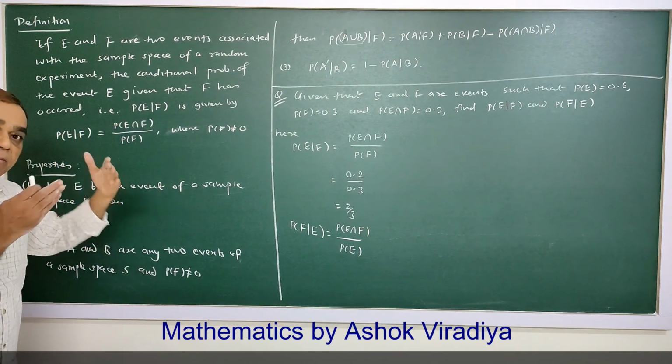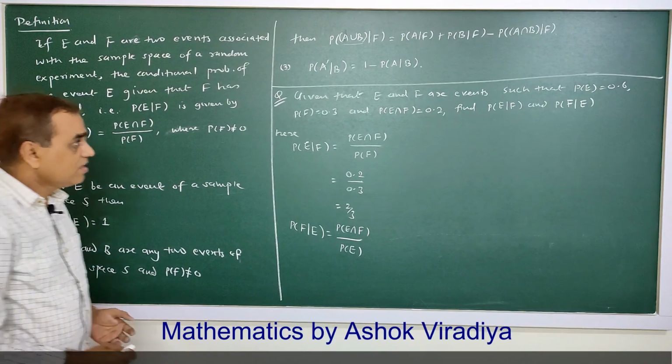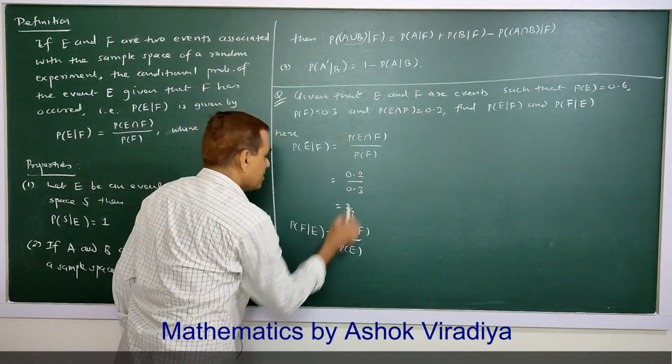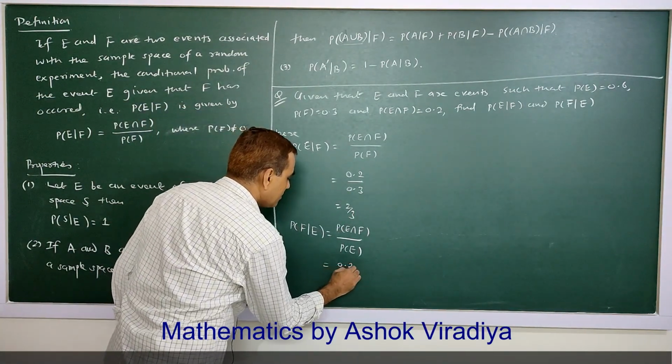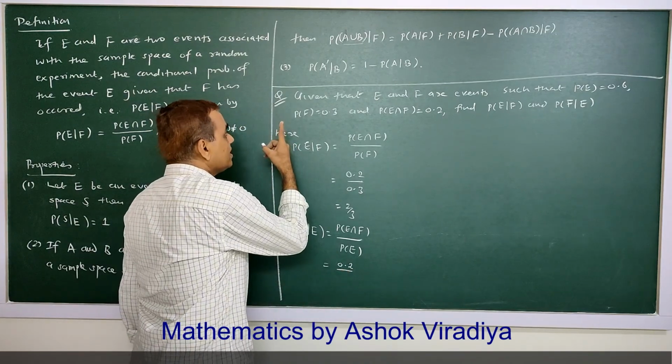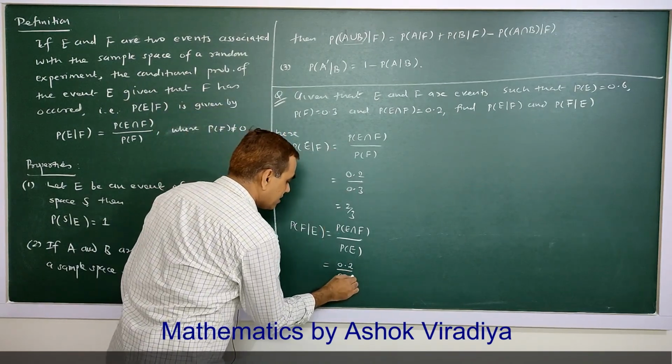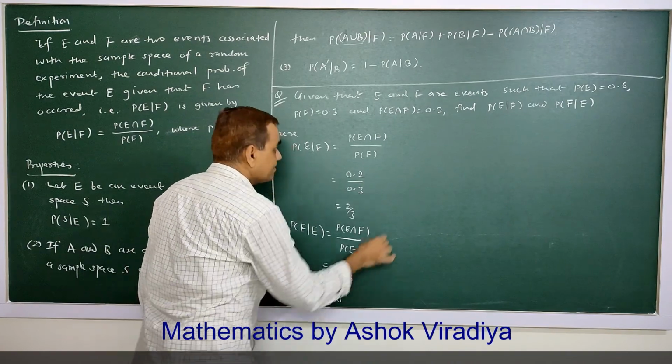This is the way to remember this formula. Now the probability of E intersection F is 0.2 upon the probability of E, that is 0.6. So it is 1 by 3.